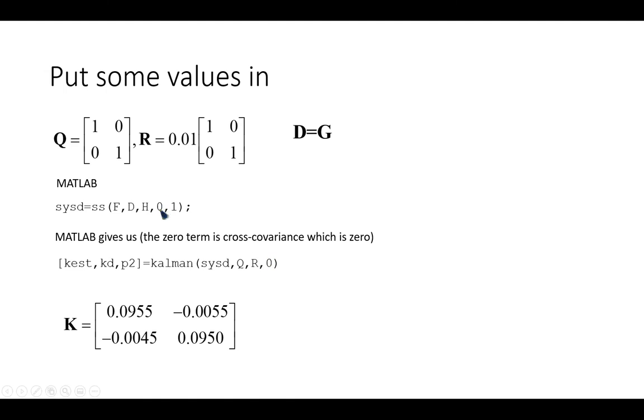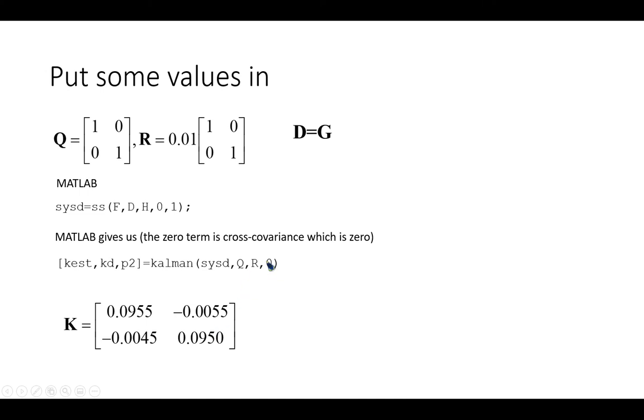The 0 here is because there's no feed-through term with the state in state space. So in most state space descriptions, the general form where x dot equals Ax plus Bu, y equals Cx plus Du, and if there's no D term, that's why it's 0. So that gives you the discrete time system, and then you use that in this one line MATLAB command to give us the Kalman gain matrix, which I've done, and it gives you out that.